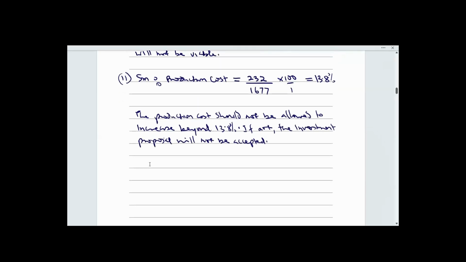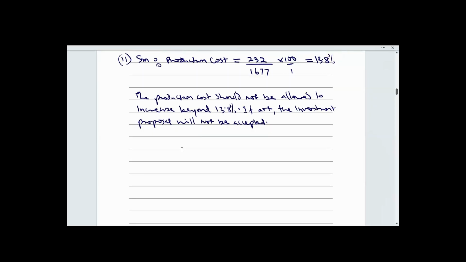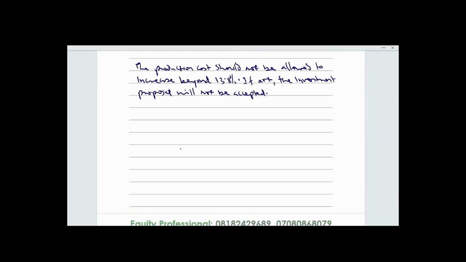So at your own convenience, you can practice this. For example, for the production cost of 360,000, we increase by 13.8%. So that would be 1.138. Then you multiply this by 360,000, and whatever you have, you use it to compute your NPV again.